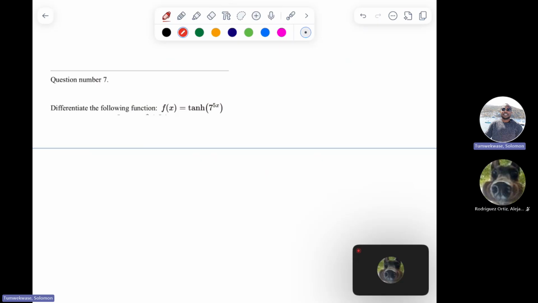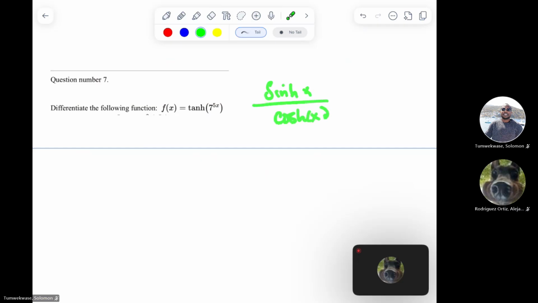So we have the tangent hyperbolic. This is where it is really, really important, because tangent hyperbolic, I know that it is sine hyperbolic over cosine hyperbolic, right? Now, this guy in terms of the exponential, I know what it is.